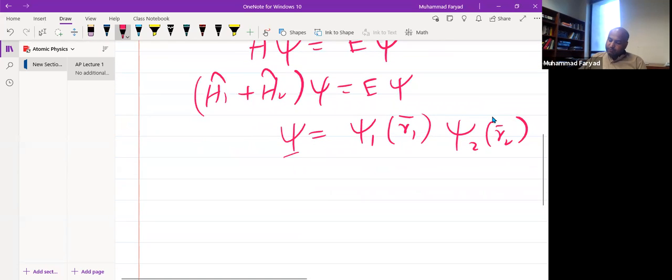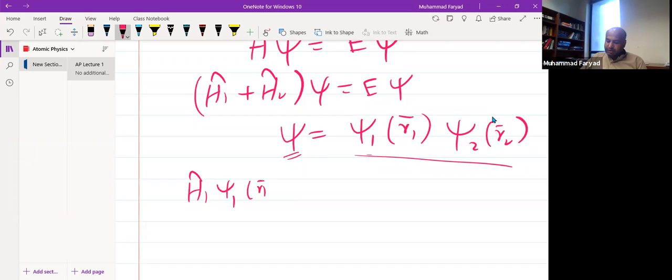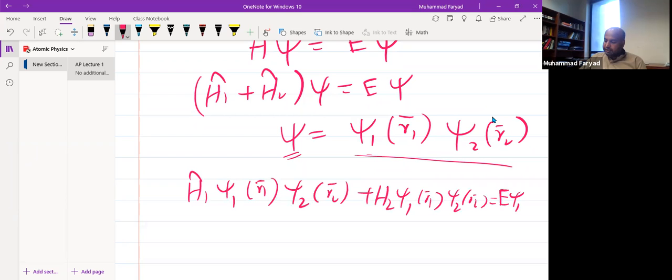So if I break psi as a product of two terms and substitute it here, then H1 operates on psi1, a function of R1 only, times psi2, a function of R2 only, and then H2 operates on psi1 psi2, equal to E psi1 psi2.